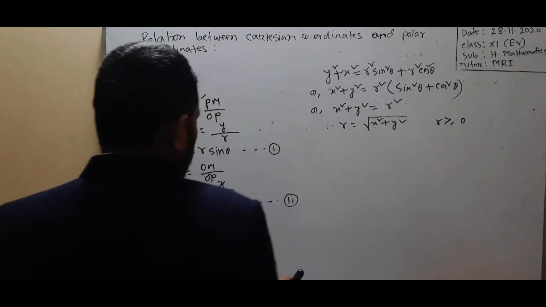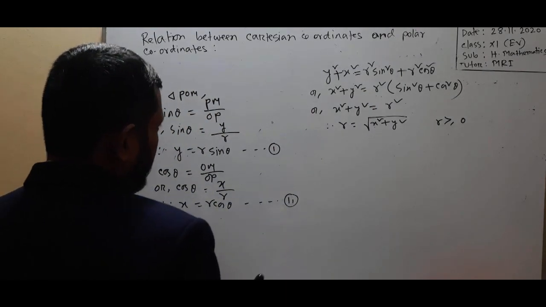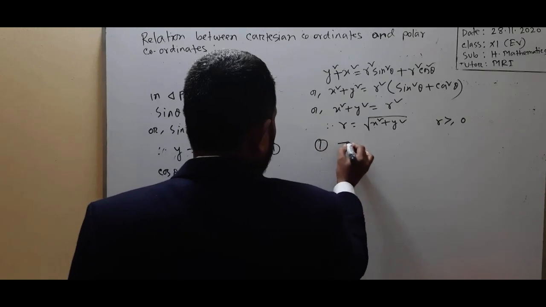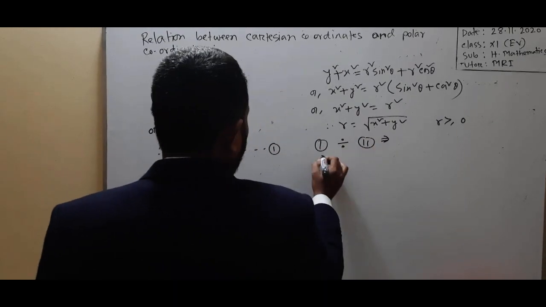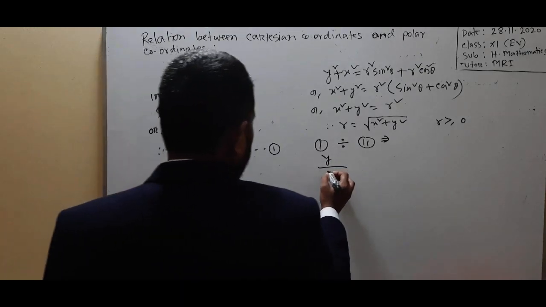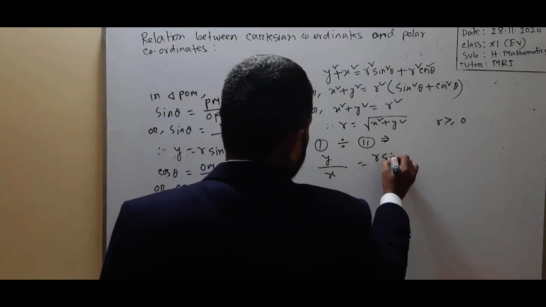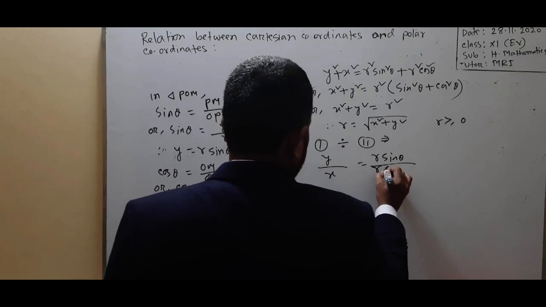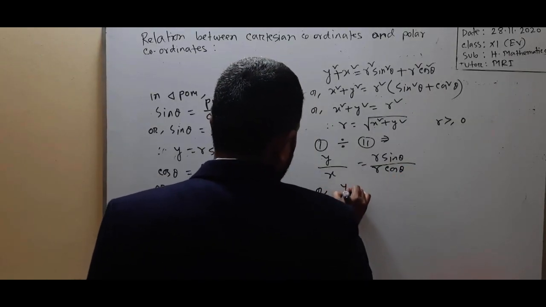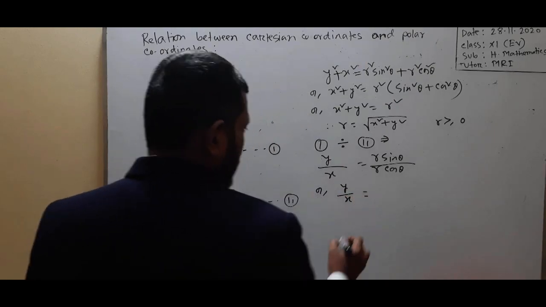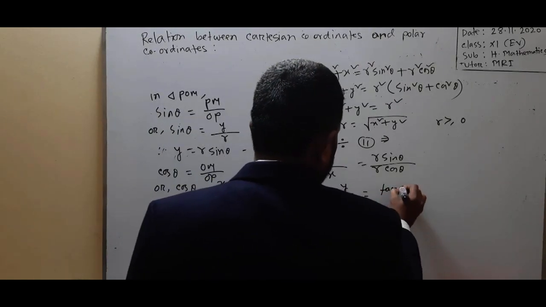Now dividing 1 by 2, we get y by x is equal to r sin theta by r cos theta, therefore y by x is equal to tan theta.